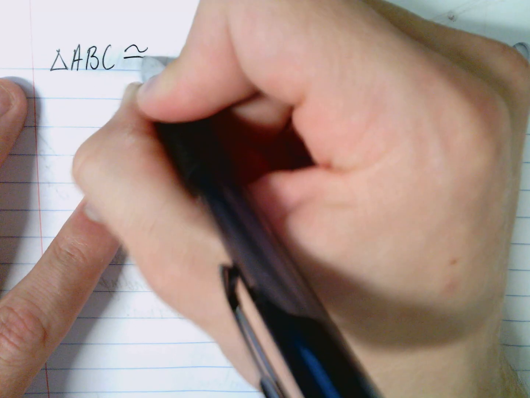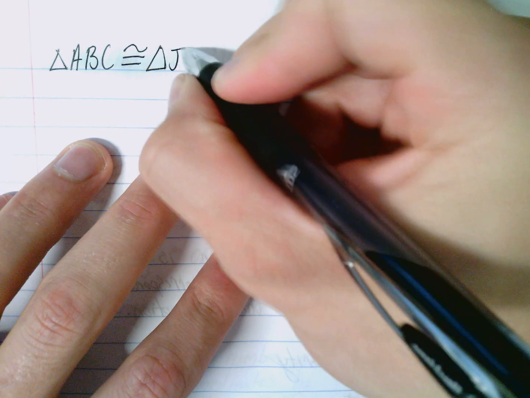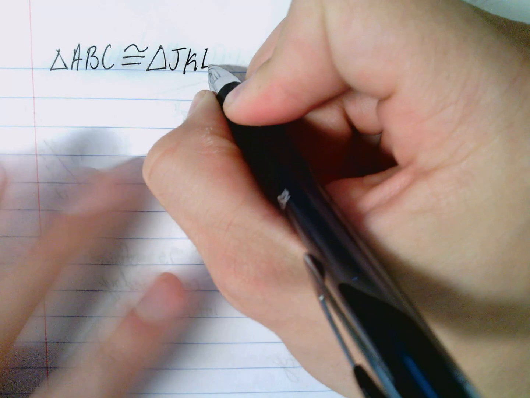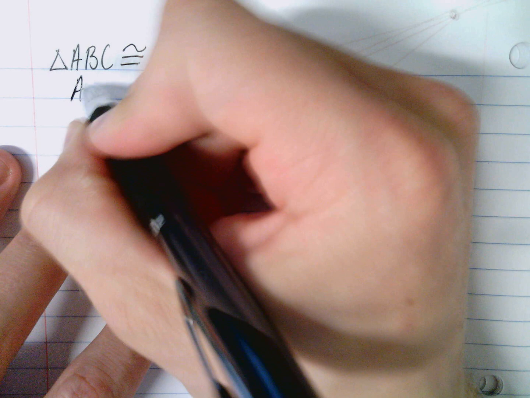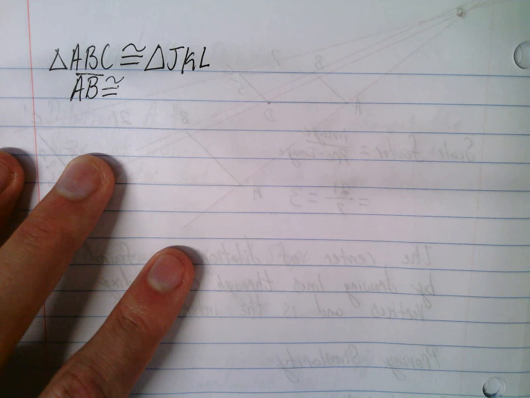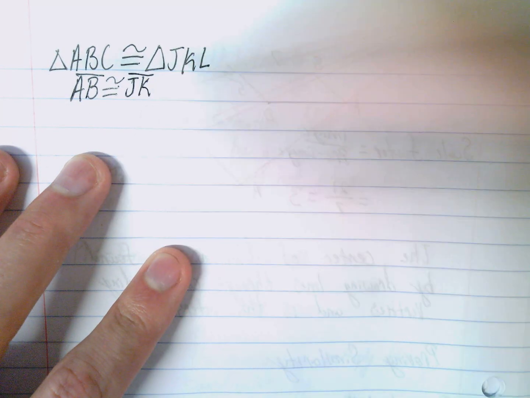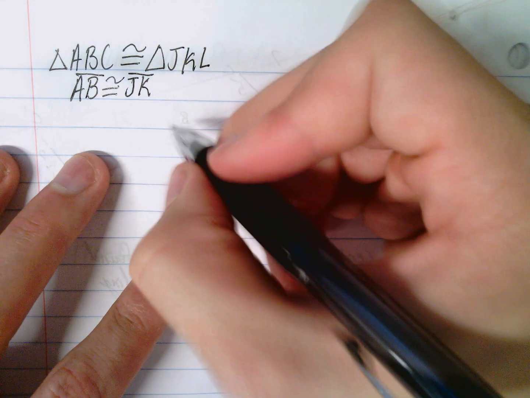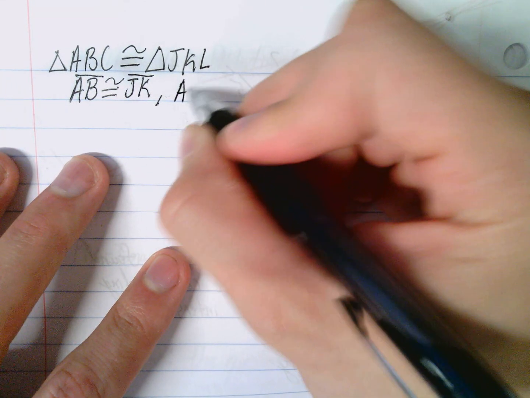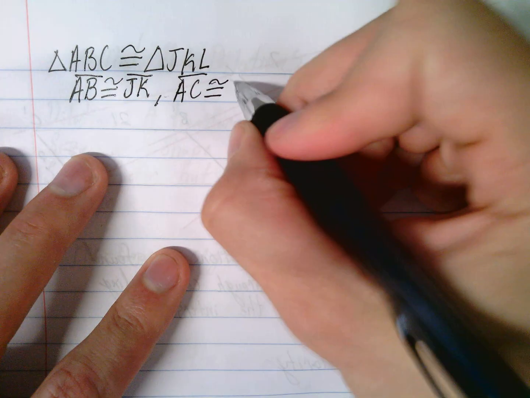If I say that triangle ABC is congruent to triangle JKL, AB is congruent to what? JK. Right? And we could keep going here, and we could say that AC is congruent to JL.